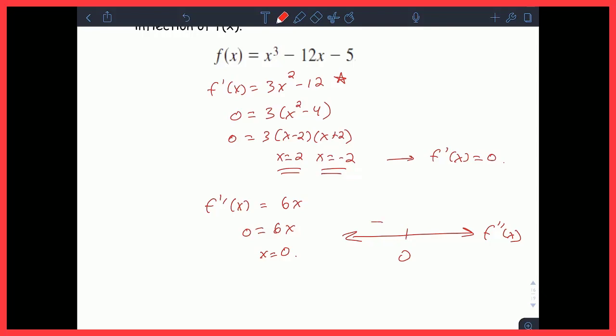And if I test positive values, I get a positive second derivative. So this right here, from negative infinity all the way to 0, is where the original function is concave down. And from 0 all the way to positive infinity, this region right here, I know the original function is concave up. Okay? So if I use the second derivative test, it tells me this.